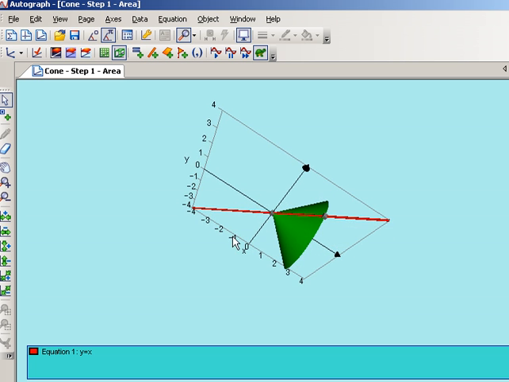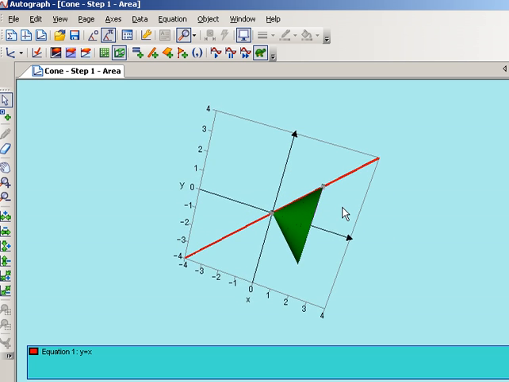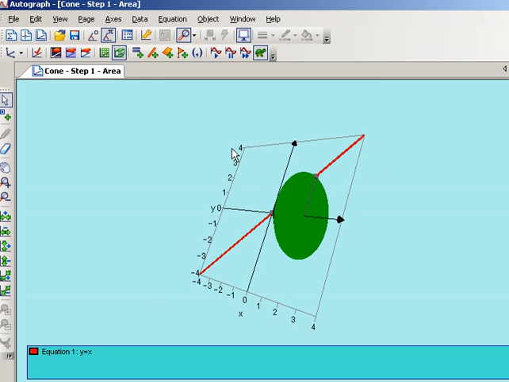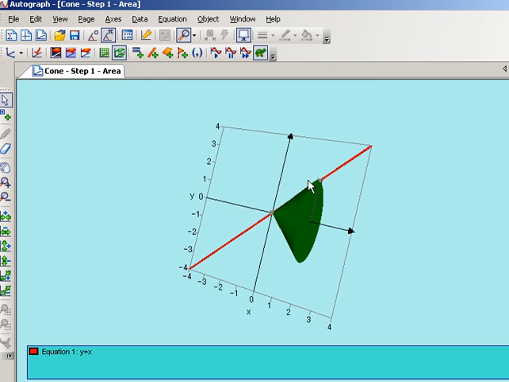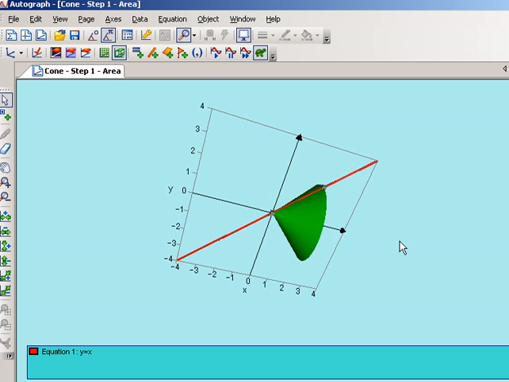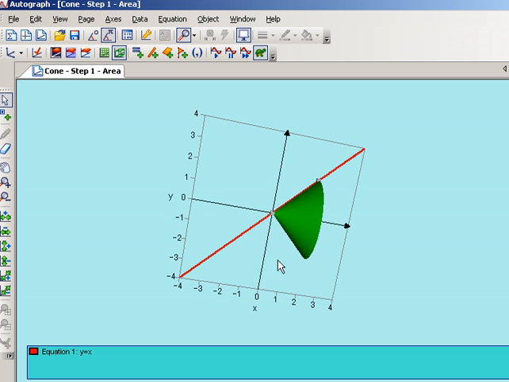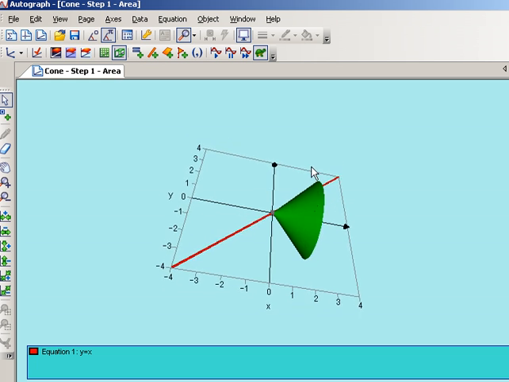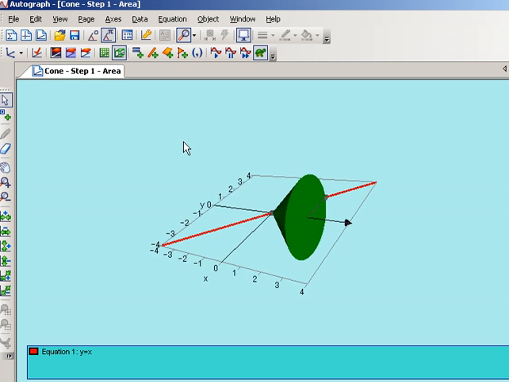So if you take any area and rotate it around either the x or the y-axis, you end up with a solid object. And you can work out the volume of this solid object using integration.